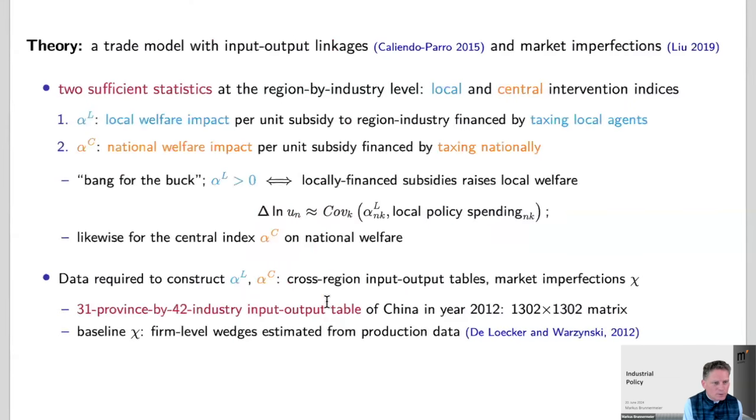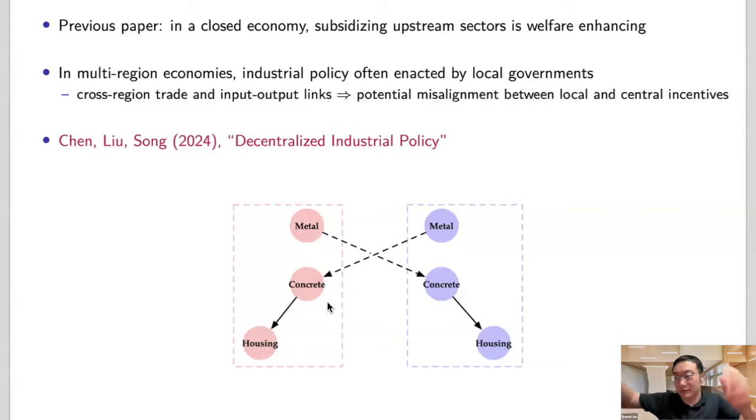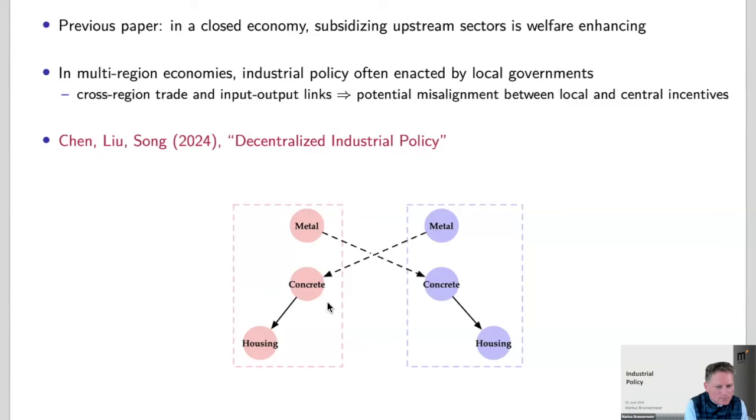Whether you have export tariffs or import tariffs, it might be equivalent, but it's not equivalent who gets revenue from the tariffs, I guess. Right. It's equivalent if there's some kind of lump sum transfer, but I'm not thinking about how the tariffs are redistributed. In this study, we don't think about tariffs at all. We're only thinking about industrial policy.